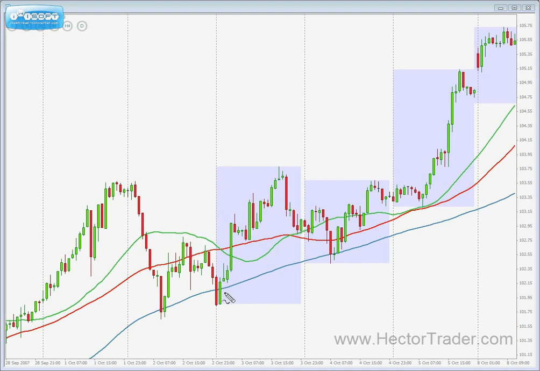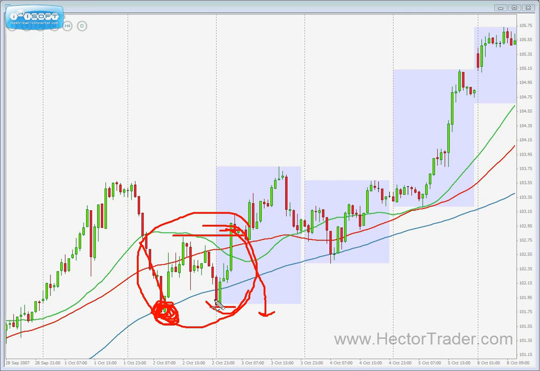Basically, if we acknowledge this attack as failed, once the entry is given, the whole setup will fail if we take out this low, therefore making new lows and making another attack to the all-time low, which is the aspect number 1.